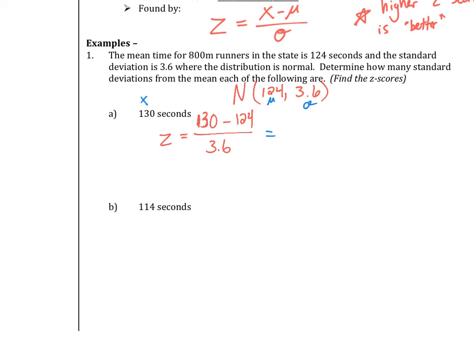So 130 minus 124 is 6. 6 divided by 3.6 is 1.6 repeating. So the z-score is about 1.66666 or 1.67. What this means is it is 1.67 standard deviations above the mean.